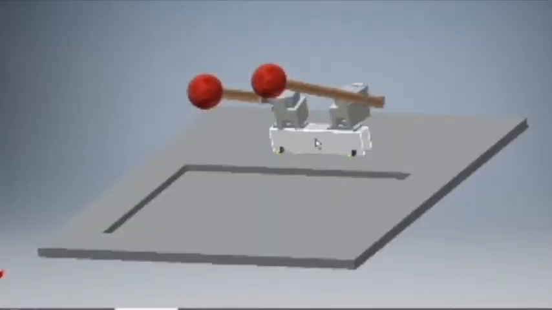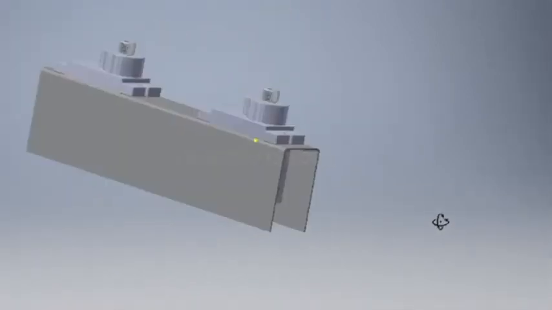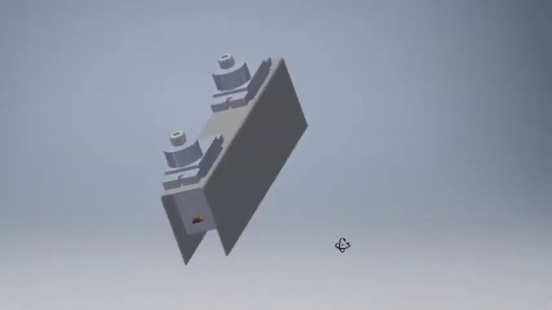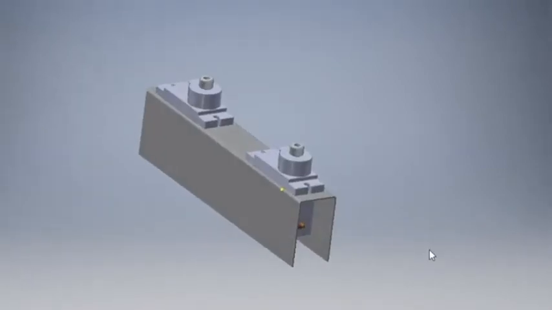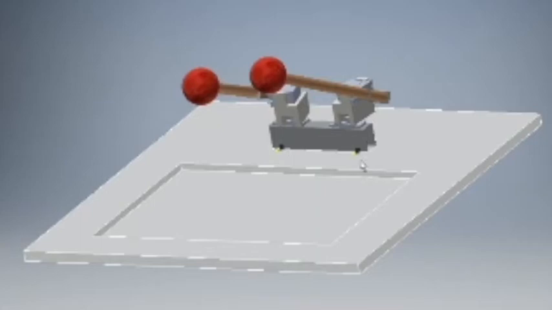This is the servo base holder which is made up of acrylic sheet of 5 mm thickness. The servo base holder and the base will be connected using the L clamps.